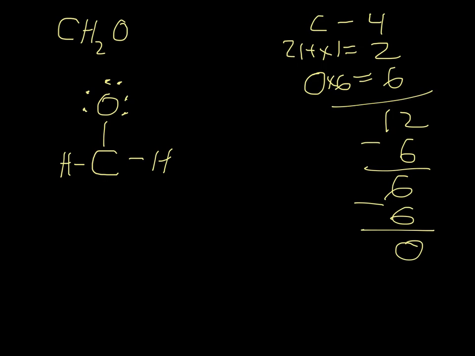More creative accounting. Remember, an electron pair in a bond counts as 2 electrons for each atom. So to complete the octet for carbon, I'm going to move one of the lone pairs from around the oxygen so that it's between the oxygen and the carbon.